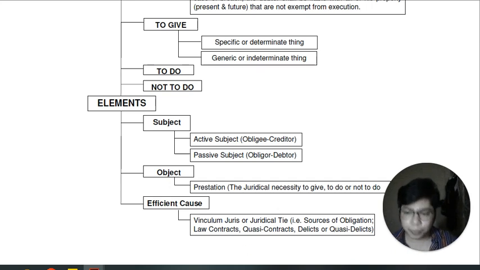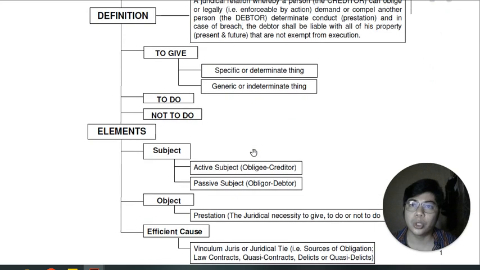Next, it is also important to note what a real obligation and a personal obligation are. An obligation to give is a real obligation, and to do and not to do is a personal obligation.